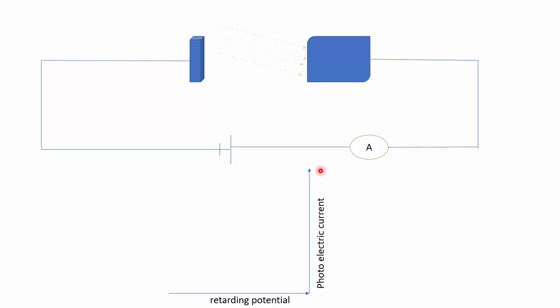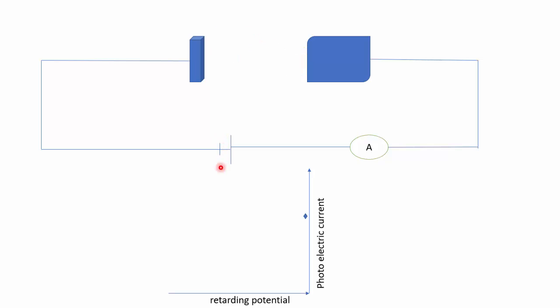So if I want to plot, I will plot the voltage on the negative x-axis, which means I have changed the polarity. Many electrons were coming; let us say 3 electrons were coming, and for 3 electrons I have a certain current.